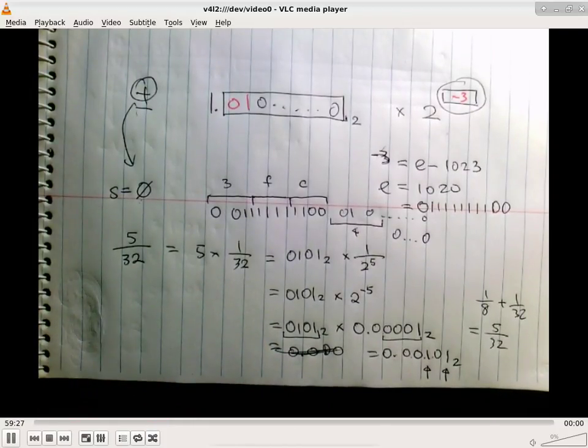Does everybody understand the process, the steps? You group into groups of 4, and then for each group of 4 bits, you look up the hexadecimal digit, and then you just string the whole thing together. All right? So the whole thing becomes 3FC4, and then followed by 12 zeros.